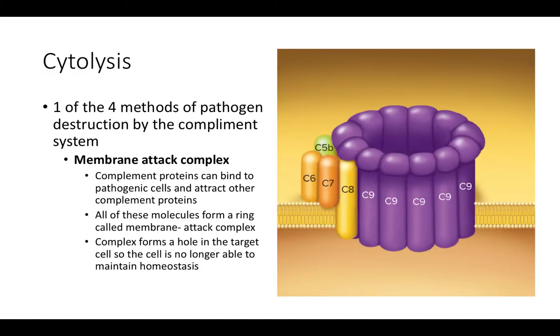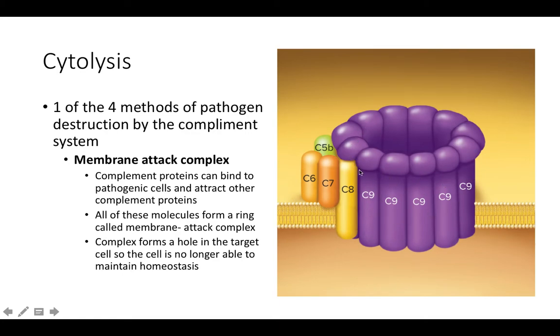And then finally, we have cytolysis, which is the final effect of the complement system that we're going to talk about. Cytolysis occurs through something called the membrane attack complex. These complement proteins basically bind to a pathogenic cell. Let's say this is a bacterial cell. These complement proteins will bind to the cell and then they'll start binding to each other.